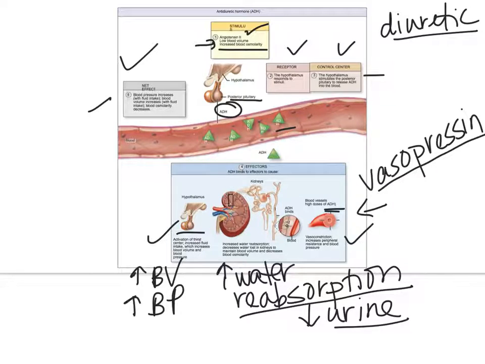Here's a story. My kids have hemophilia, and they have a synthetic vasopressin called Stymate. It's a vasoconstrictor. If they get really bad nosebleeds, they take this synthetic vasopressin. It causes the blood vessels to constrict in their nose, and it stops them from bleeding. Now it has side effects.